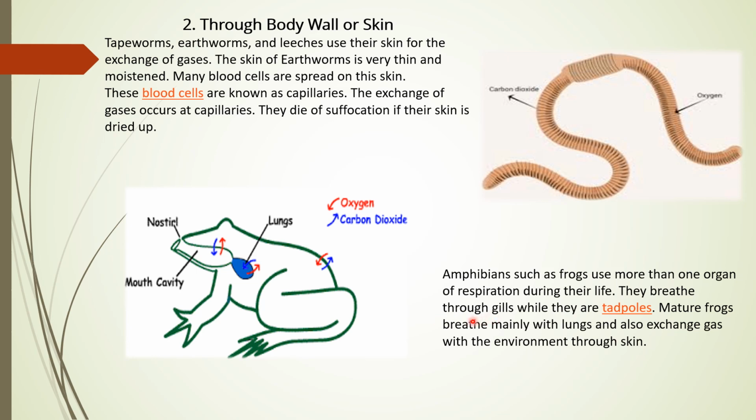But when they mature, they breathe through their lungs as well as their moist skin, because they also have a moist skin. And you know very well, this is one of the good parameters for the respiratory surfaces. So this is also one of the examples when we talk about the respiration through the body wall or the skin.